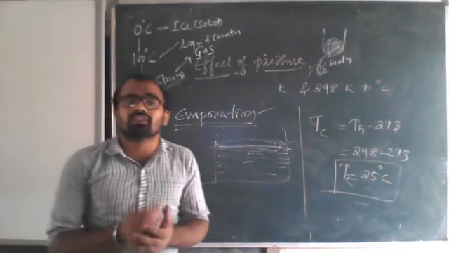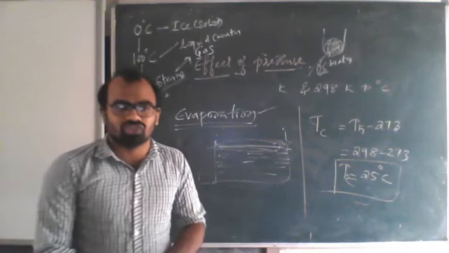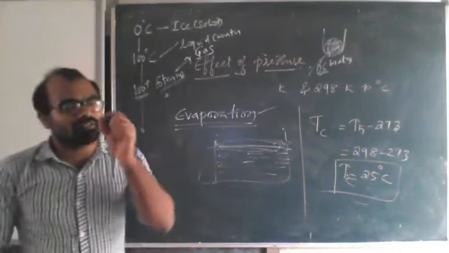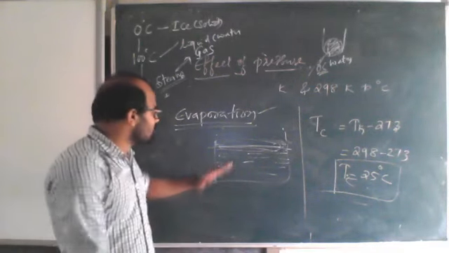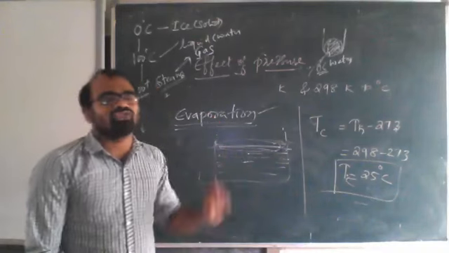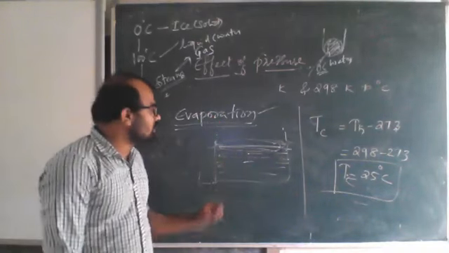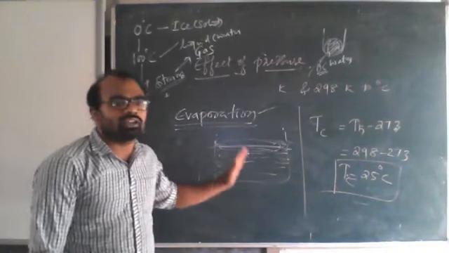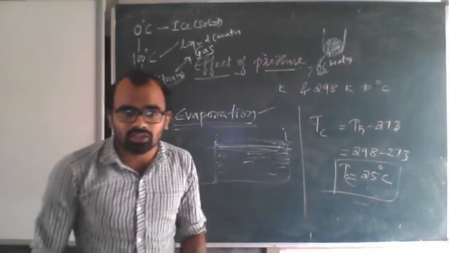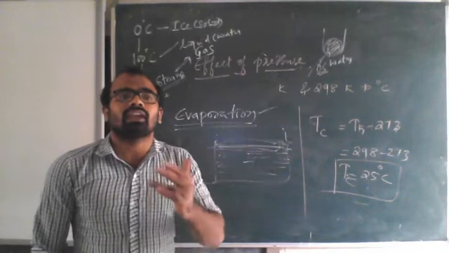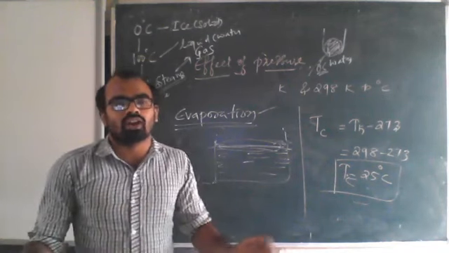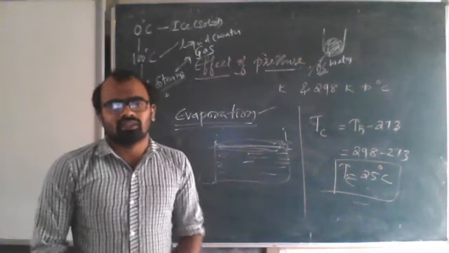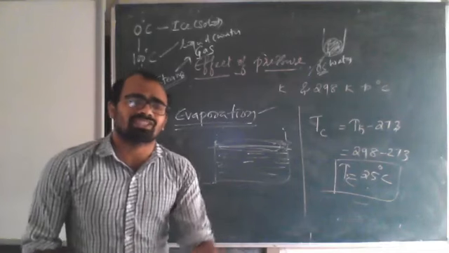Particles from the surface get some energy. Evaporation is a surface phenomenon in which particles from the surface gain enough energy to come out of the interparticle force of attraction, and they get vaporized, or get into the gaseous state.